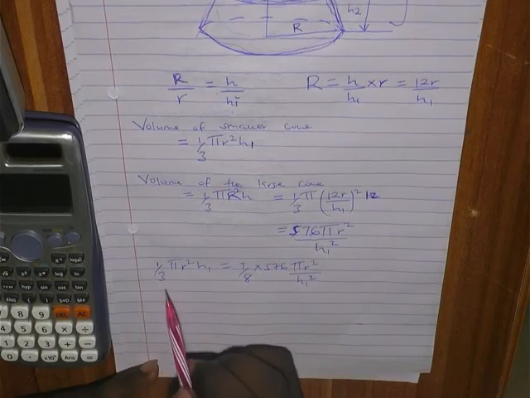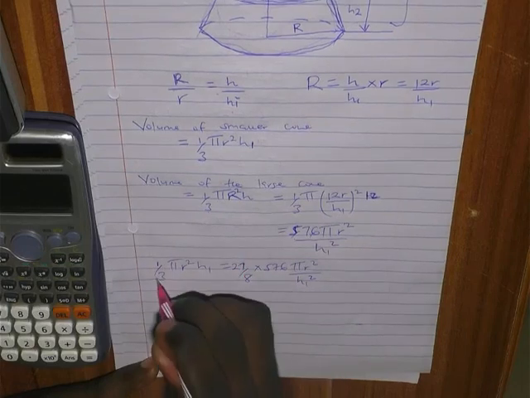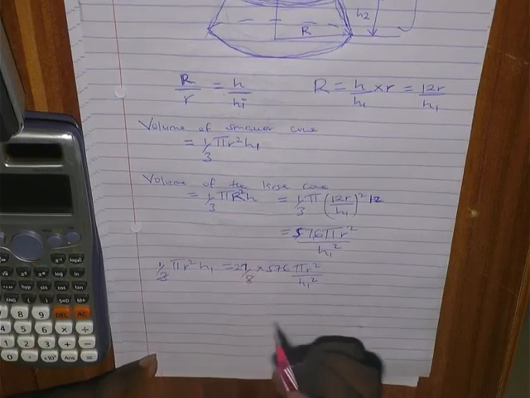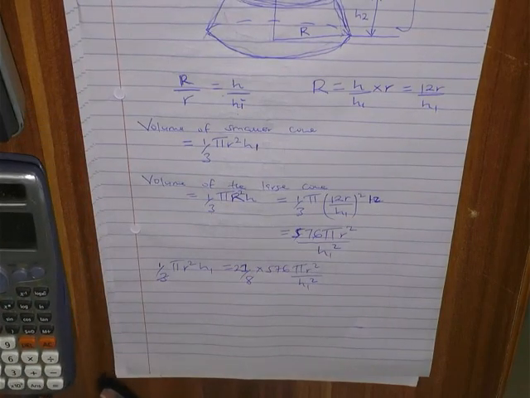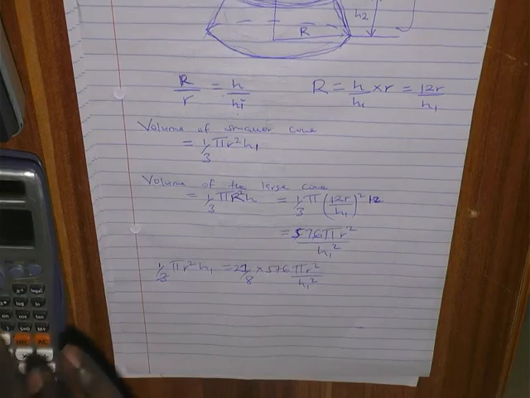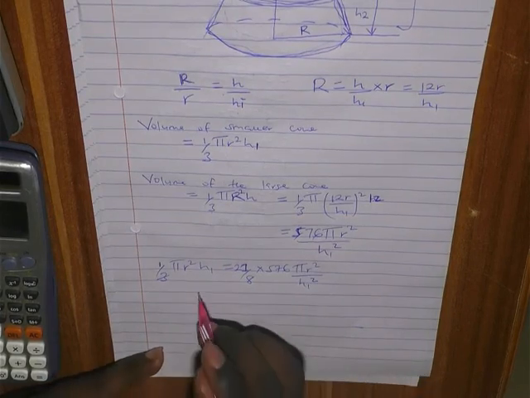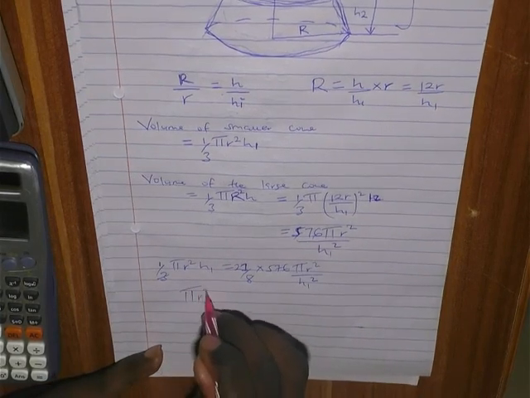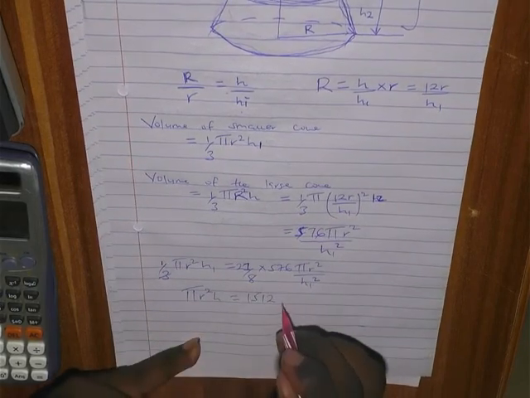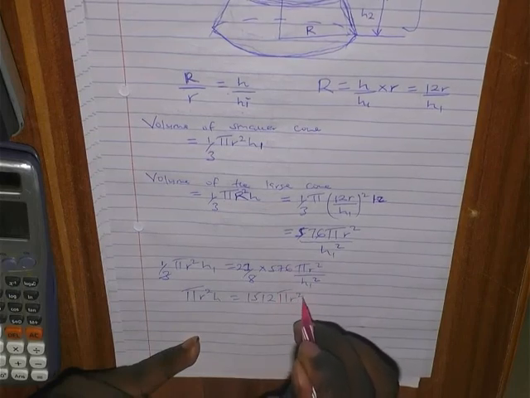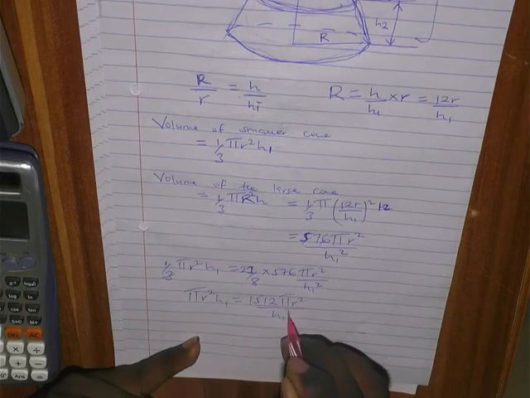Let's take the 3 to the other side, where we're going to have 21 here. When we cancel this, it's going to be 21 over 8. So 21 over 8 multiplied by 576 gives us 1512, okay? So we have pi r squared h1 is equals to 1512 pi r squared all over h1 squared, okay?